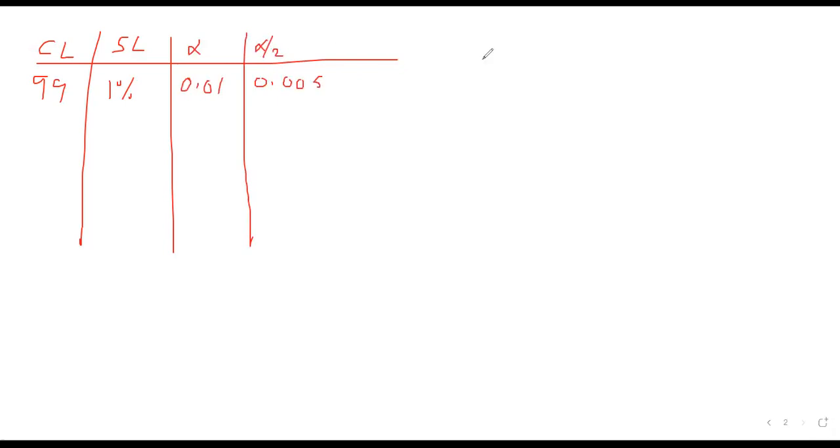Okay. Then when we subtract 1 minus 0.005, what do we get? It's 0.995. So this is to read that from the table.